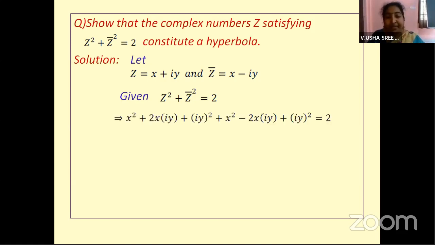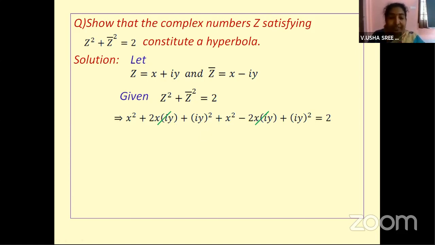We will expand it. So when we expand, you will get x square plus 2x iy plus (iy) whole square plus x square minus 2x iy plus (iy) whole square is equal to 2. Now we can cancel the terms plus 2x iy and minus 2x iy.